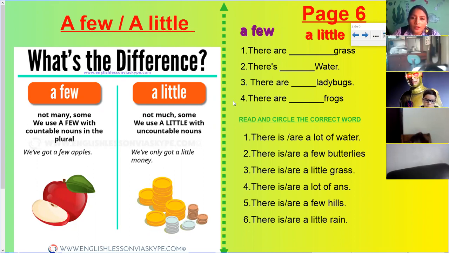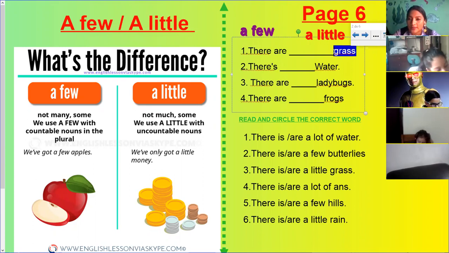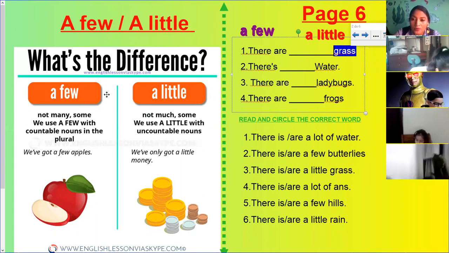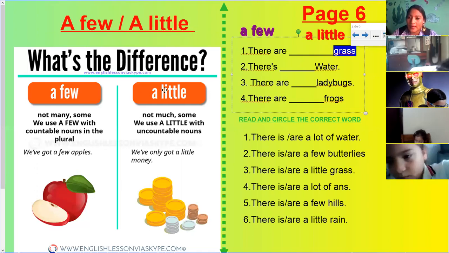¿Sí? Okay, here we have an activity. We separate here the a few, a little, and a lot of. Remember that we have to focus on the noun. Here we have, for example, the grass, and you have to say if it's a countable or uncountable noun. According to the rules, you have to use a few or a little.